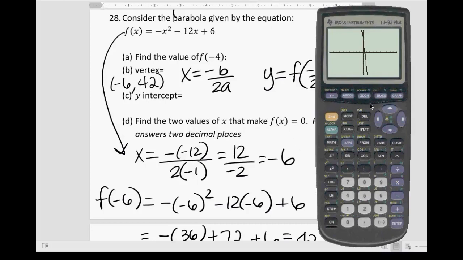Okay, we'll see. All right, so now the way you want to change the graph to where you can see the whole thing, go to Zoom, and we're going to choose Zoom Fit. Oh yeah, it is good. All right, so it zoomed in so we can kind of see what's going on here.